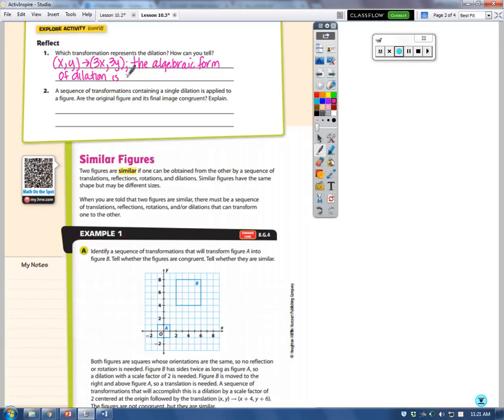Right, because the algebraic form of dilation is x and y to k, being the scale factor, times x, and k times y. So in this case, k equals 3. Scale factor equals 3.